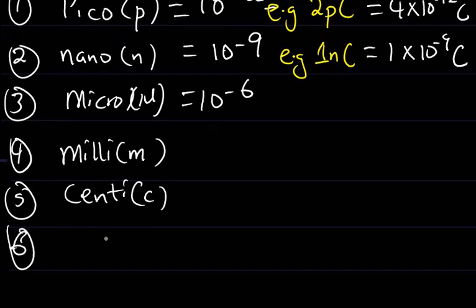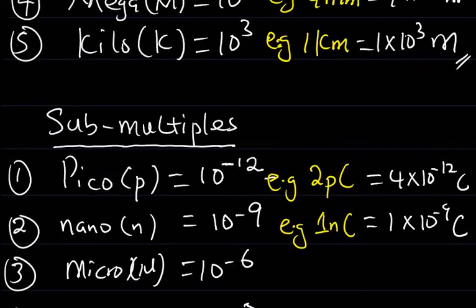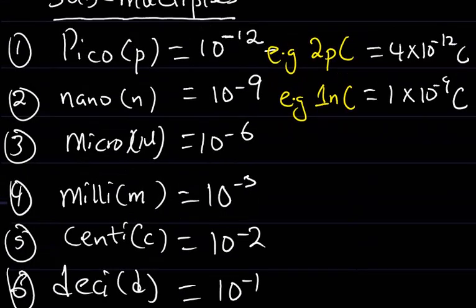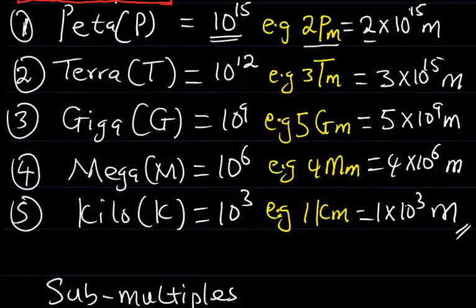Then we have the deci, small letter d. So milli is 10 raised to the power of minus 3, centi is 10 raised to the power of minus 2, while deci is 10 raised to the power of minus 1. So invariably, you're converting by dividing. You can fill in any example that you want. All right, so I hope that is well understood.